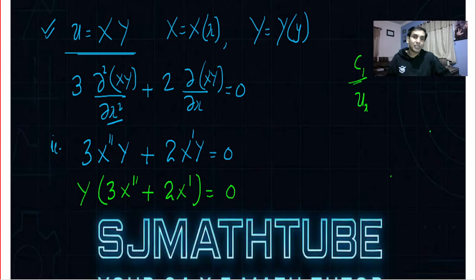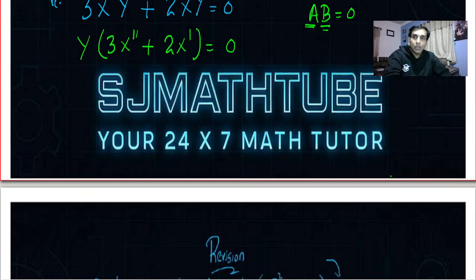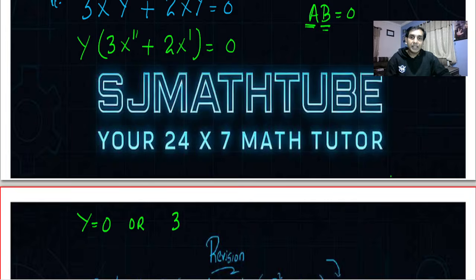Now, think about it. If someone tells you a multiplied by b equal to 0, that means one of them must be equal to 0. Either a should be equal to 0 or b should be equal to 0. So that means I'm going to get y equal to 0 or 3x double dash plus 2x dash equal to 0.